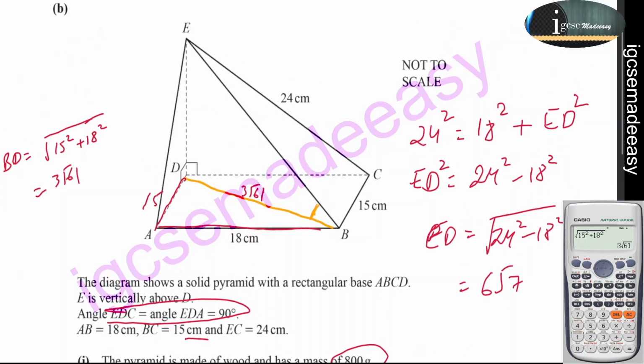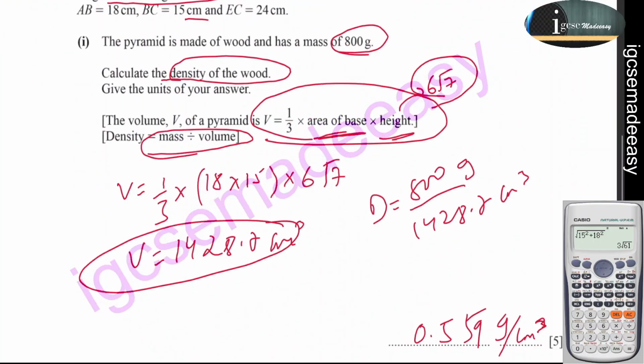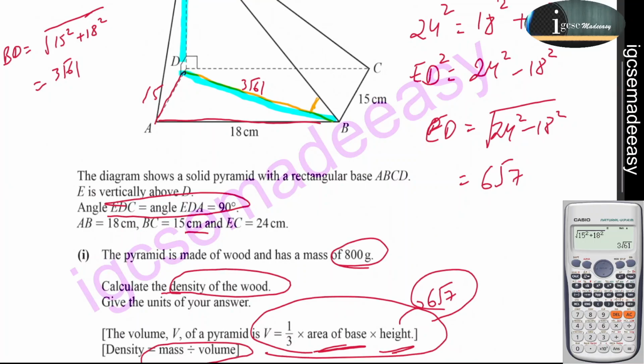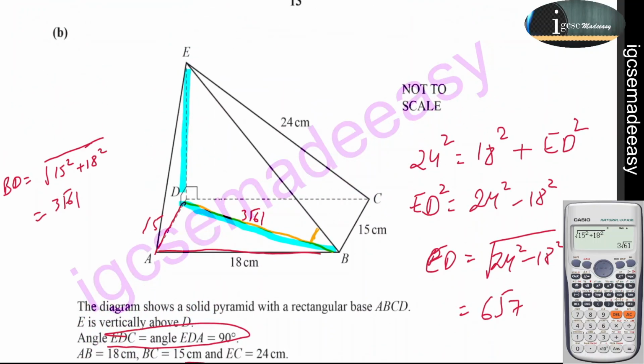Then you can use the tan rule here, because tan is opposite over adjacent. This is the opposite side and this is the adjacent. The adjacent we already got. The opposite is the length DE, or ED, which is 6 root 7.